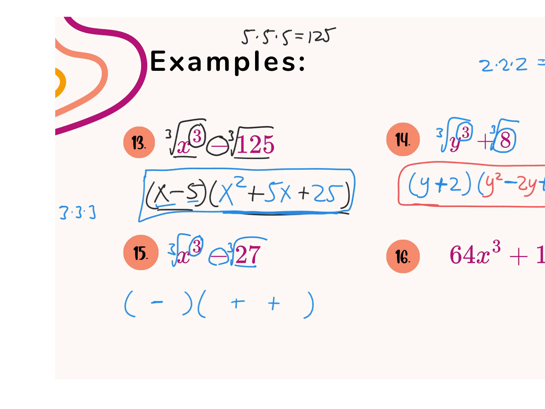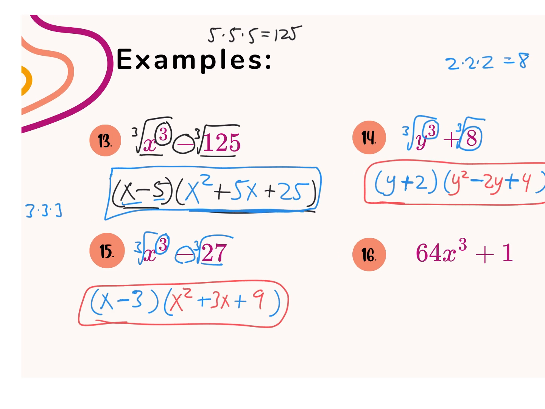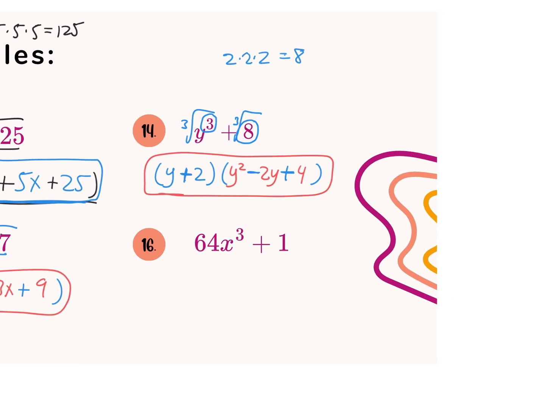Cube root of the first is x, cube root of the second is 3, and then in your trinomial, it's going to be the square of the first, square of the last, 3 squared is 9, and then the product of the 2 in the middle, 3 times x is 3x. All right, that's all we got to do to that one.